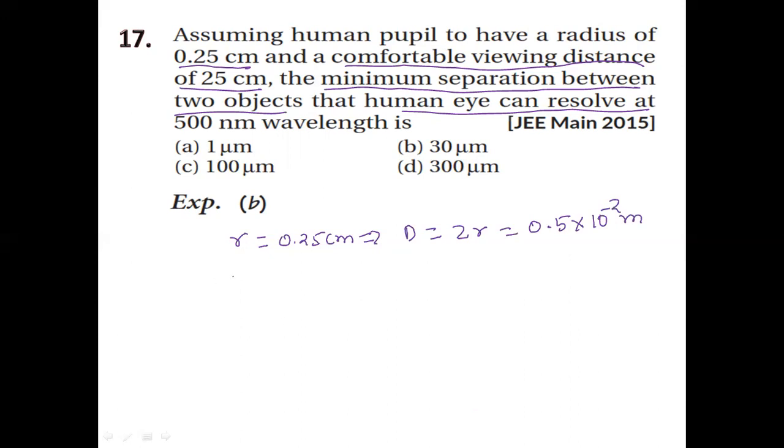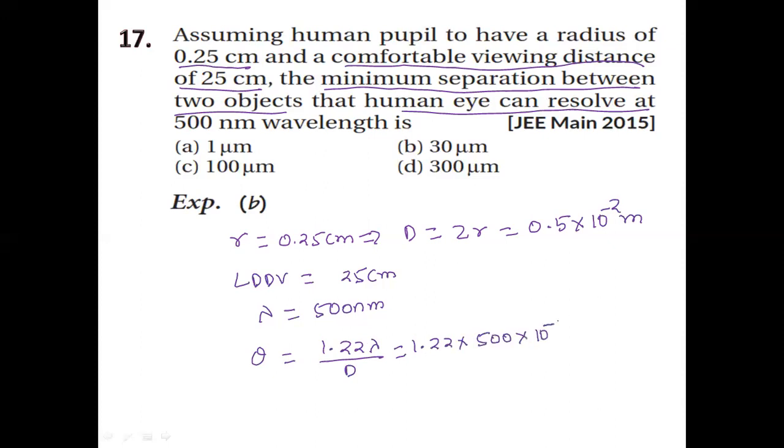And the least distance of distinct vision is 25 centimeter. Now lambda is equal to 500 nanometer. We know that the limit of resolution theta is equal to 1.22 lambda by capital D. That is 1.22 into 500 into 10 power minus 9 by capital D, that is the diameter, 0.5 times 10 power minus 2.